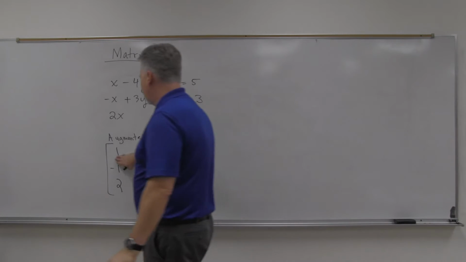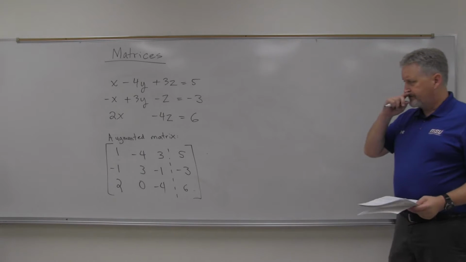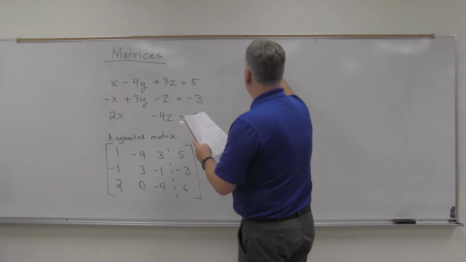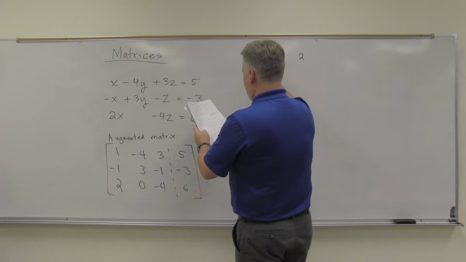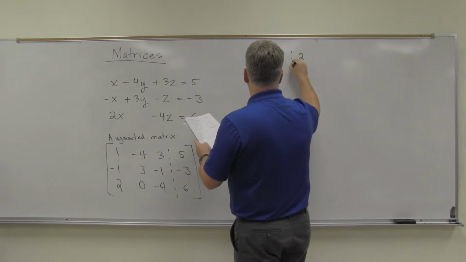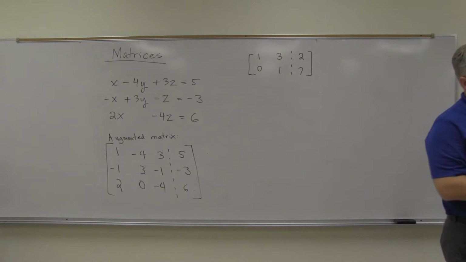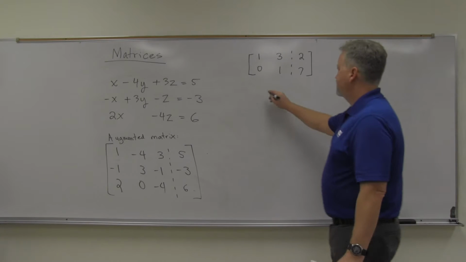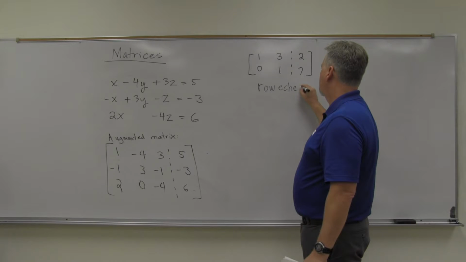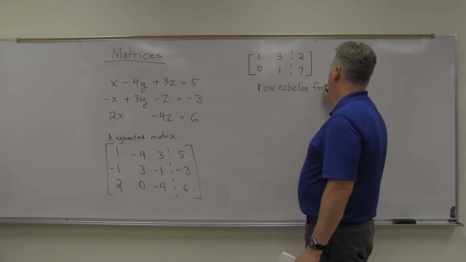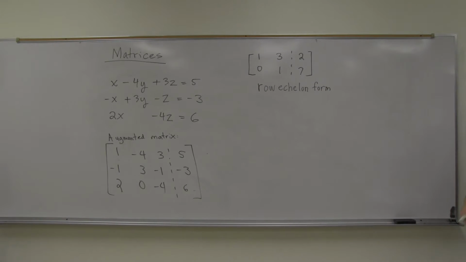Now, another type of special augmented matrix is one like this. 1, 3, 2, and 0, 1, 7. So that's our augmented matrix, but it's in this special form called row echelon form. This is in row echelon form, and here's why.